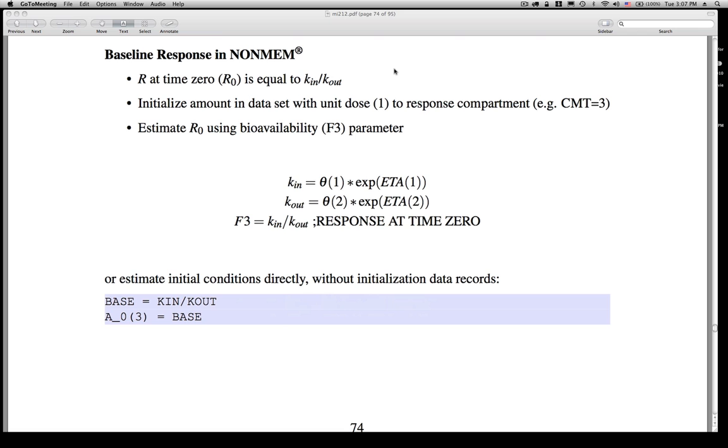Remember, NONMEM doesn't, in the differential equation block, allow you to specify initial conditions. We can do it through the data set by dosing into those systems, and so that's what we're going to use. We can also do it by using the A0 parameter, which I'll show you in a minute. But let's do it through the data set. So we initialize the amount in the data set with a unit dose, so just a dose of 1 to the response compartment. Let's call it compartment 3.